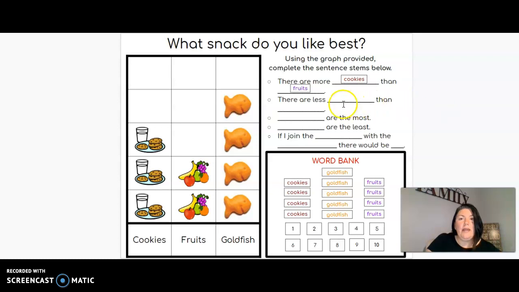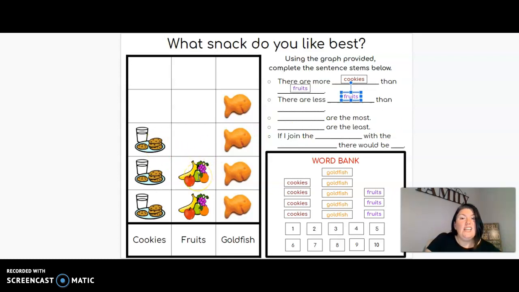Then I need to compare for my second sentence stem, there are less blank than blank. So that means a smaller or fewer amount of something. There are less fruits. There are less fruits than what? If you said cookies, you are right, because 2 is less than 3.